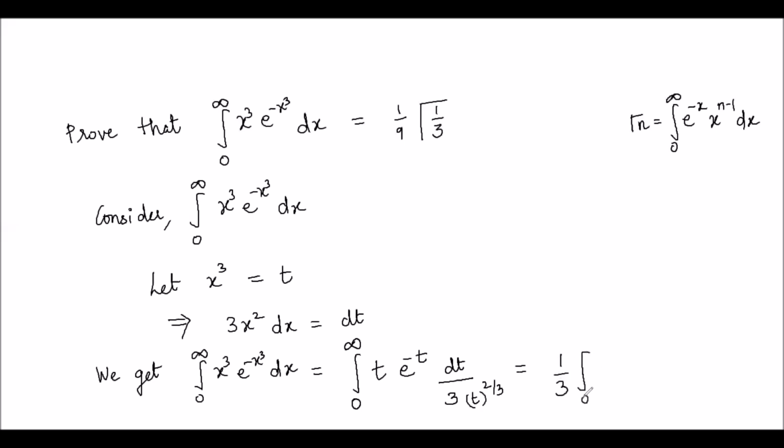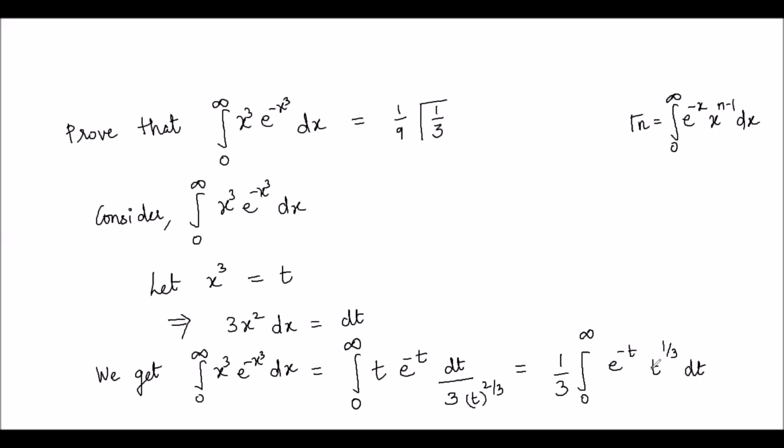The limits are from 0 to infinity. We have e raised to power minus t, and it will simplify to 1 by 3, t raised to power 1 by 3, dt.